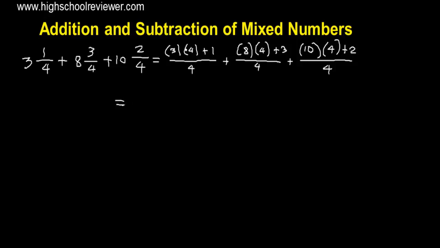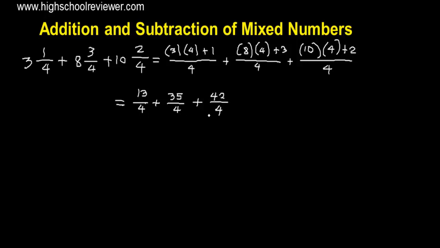3 times 4 plus 1 is equal to 13 all over 4, plus 8 times 4 plus 3 is equal to 35 all over 4, plus 10 multiplied by 4 plus 2 is equal to 42 all over 4.